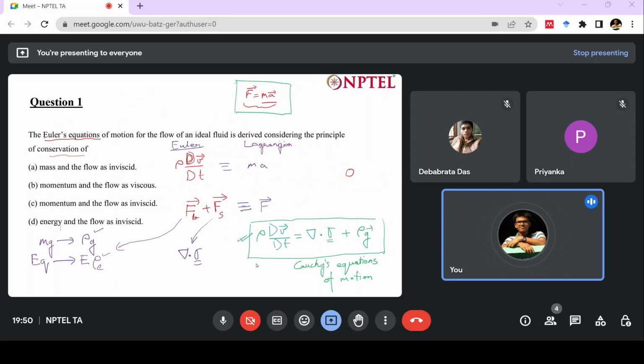This is basically a variation of Newton's second law, so we are only balancing momentum. So when the question asks what this is the principle of conservation of, this is always the principle of conservation of momentum. It has nothing to do with mass or energy at the moment.